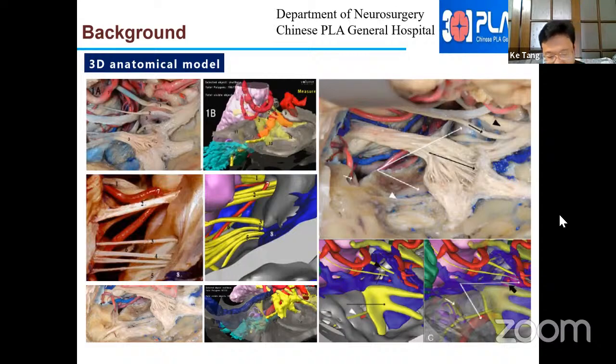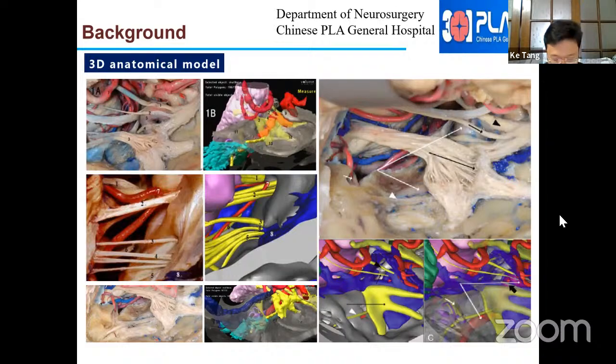Reconstructed images of the veins were obtained from the CT data obtained after vein perfusion. Then, three-dimensional images of the cranial nerves were extracted from the MRI data obtained after cadaveric dissection. Each structure was distinguished by coloring to establish a model.